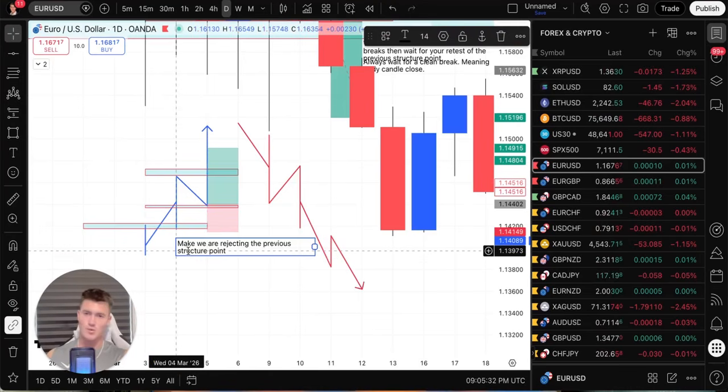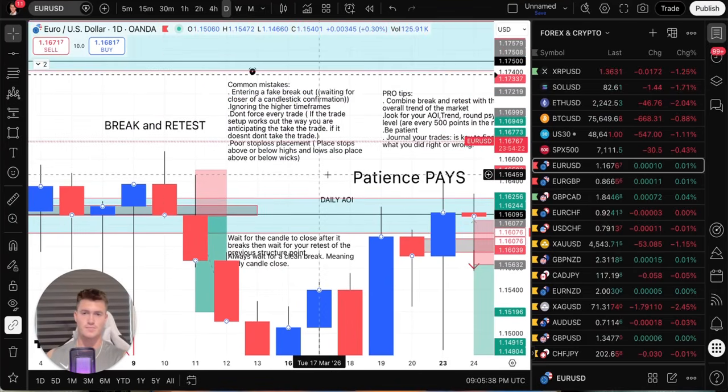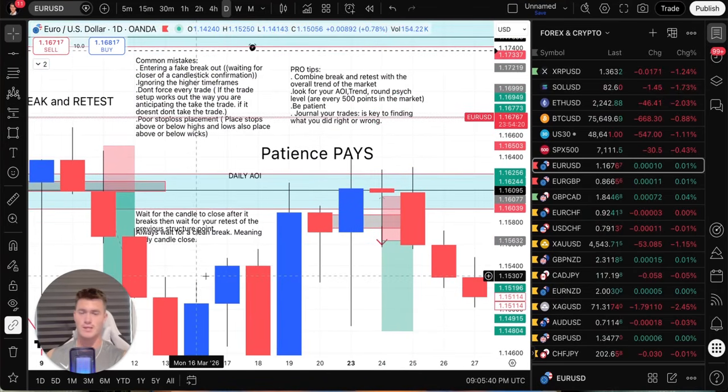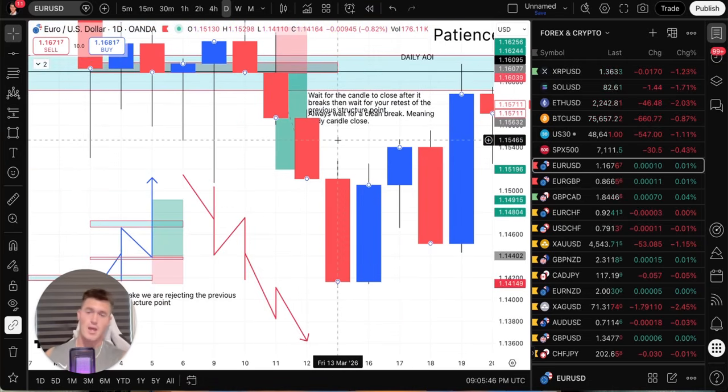We need to make sure that we are rejecting our previous structure point, get our candlestick rejection from the previous structure point, letting us know, okay, price is reacting at this point, wait for our entry signal, boom, get in on the retest.